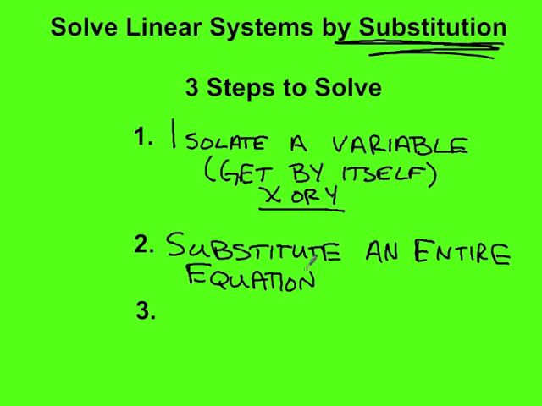Once we substitute the entire equation, we also need to simplify. With any step, whenever you're working with an equation, you do need to simplify the equation. So we're going to substitute the entire equation and simplify. And after we've done that, simplified, we should have an answer for one of our variables.